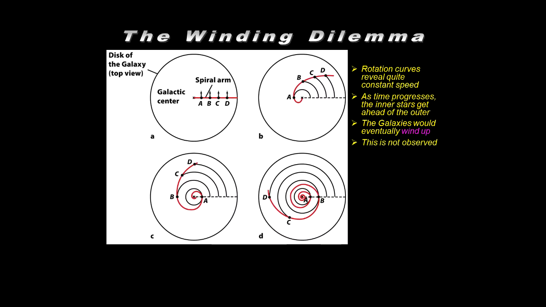Well, since we don't observe this, it means that we have the wrong model. And in fact, the stars that make up the spiral arms are not always the same. This will be understood as we investigate what's called the spiral density wave model that will answer this dilemma.